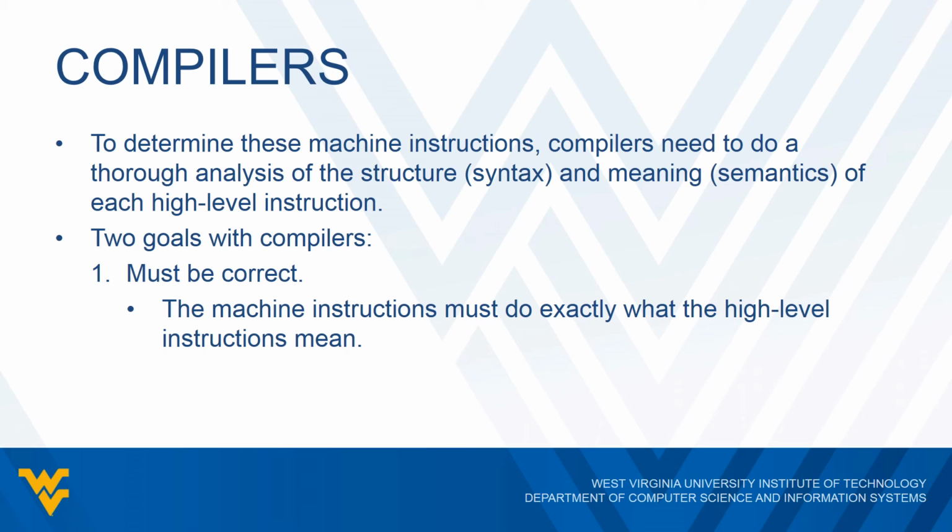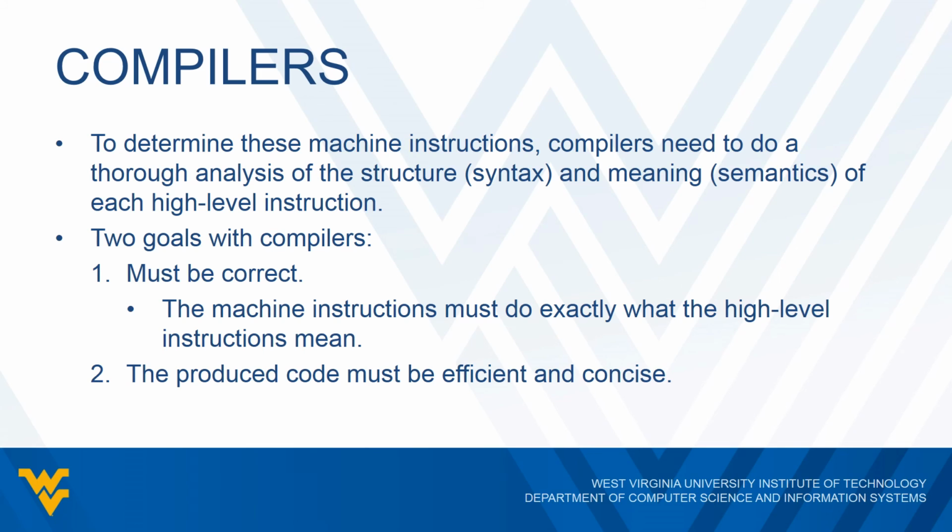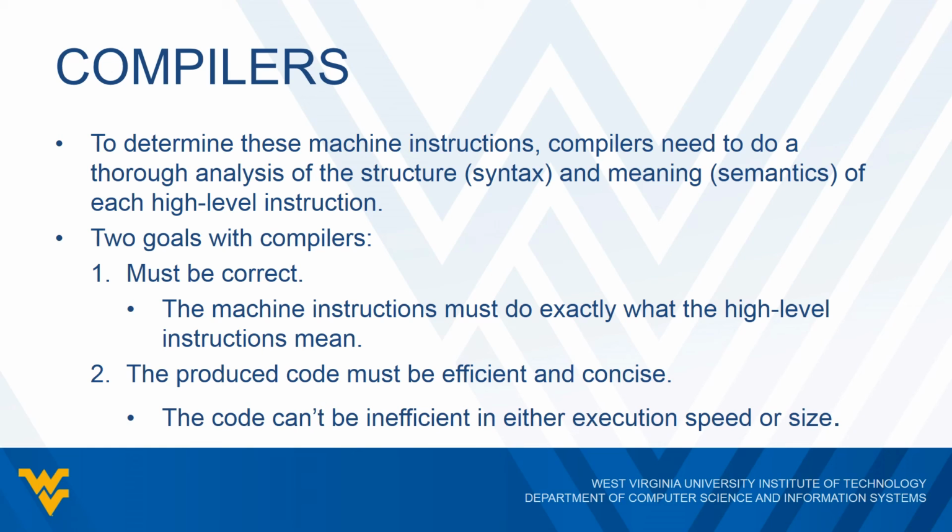In addition to correctness, the second goal is that the compiler must produce reasonably efficient and concise code. So, even though memory costs have come down and processors are a lot faster, programmers won't accept gross inefficiencies in either the execution speed or the size of the compiled program.